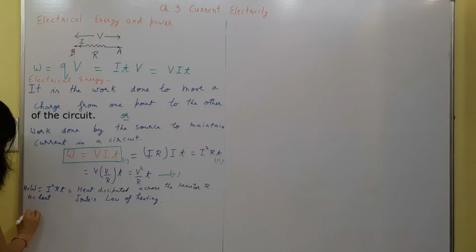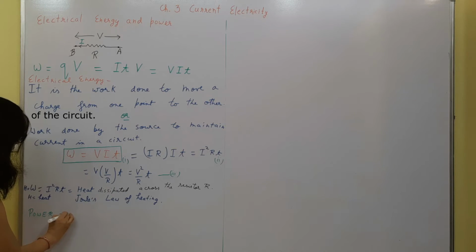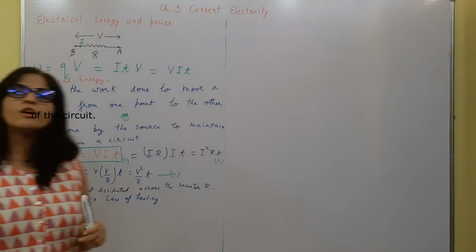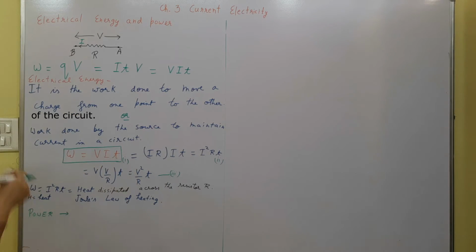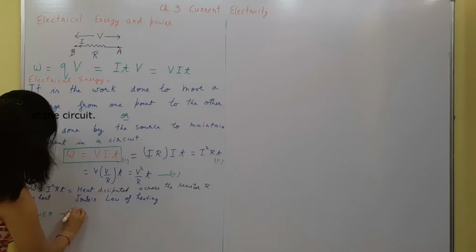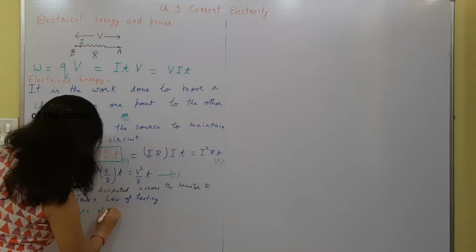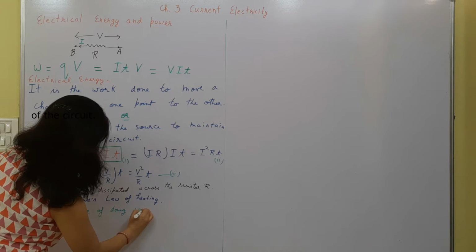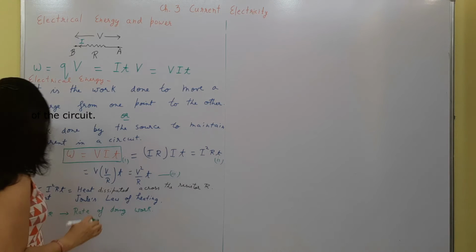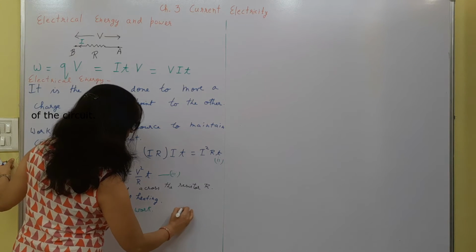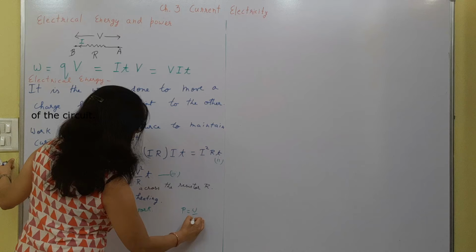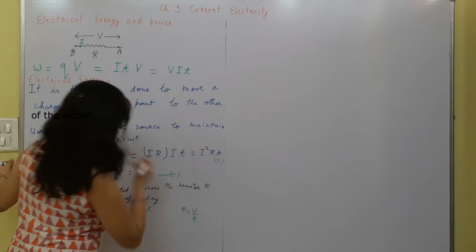We know the definition of power. We have studied it in 10th standard also. What is power? Rate of doing work. So here it is the rate of doing electrical work. If we write the formula for power in this case, this will be work upon time.